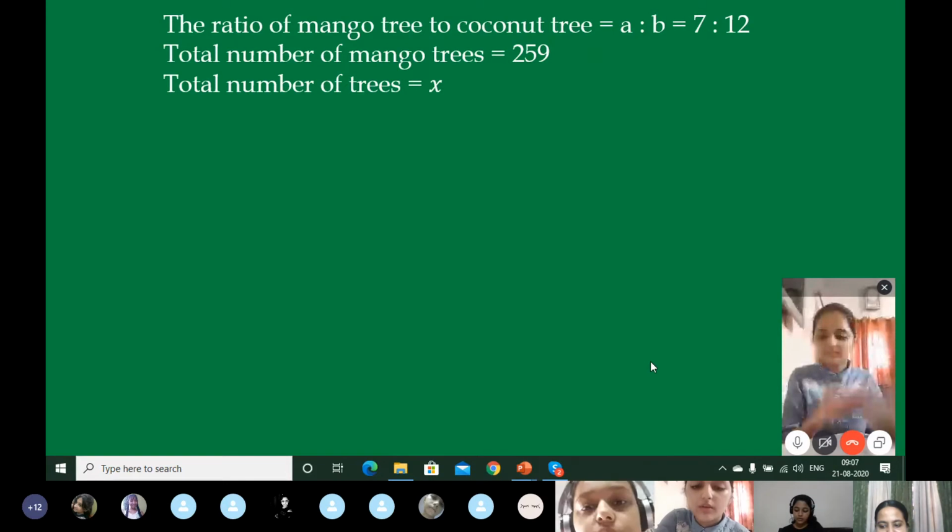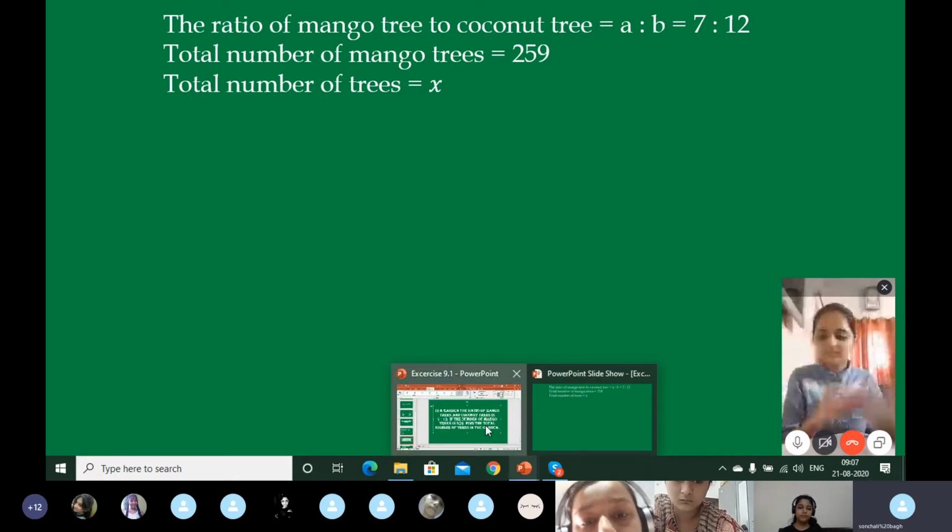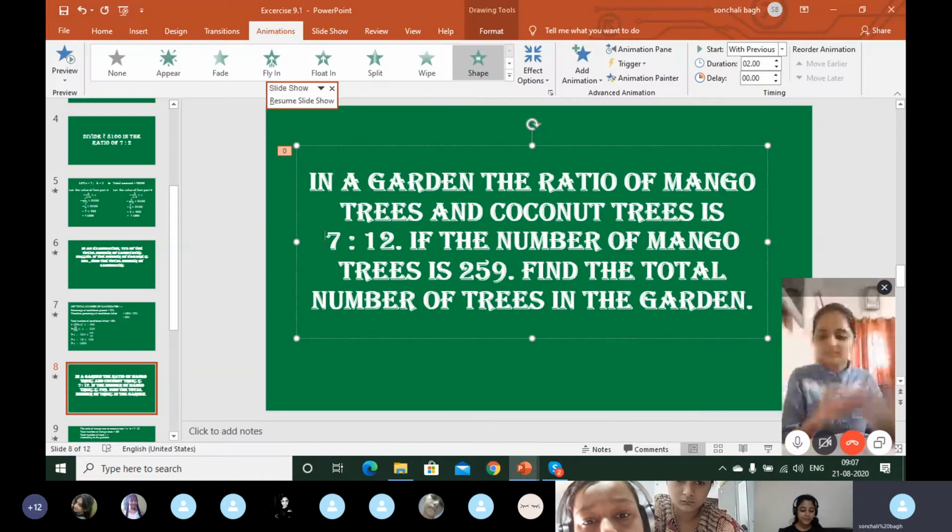Ma'am, we'll use the previous formula which you taught, A by A plus B into X, and that way we'll find the number of coconut trees, and then we'll add both mango trees and coconut trees. Do we have to find coconut trees or mango trees? Ma'am, coconut trees.